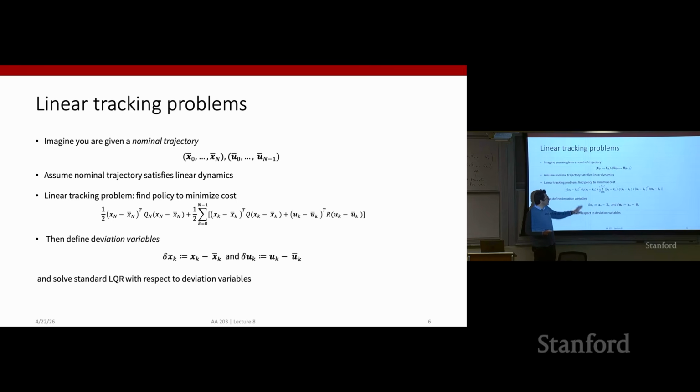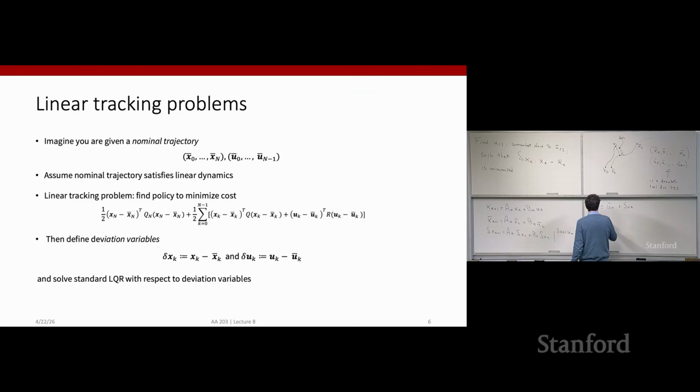And then you just solve LQR with a Riccati equation that will give you the optimal delta u_k as L_k times delta x_k. And then you have found your desired sequence of controls to track your trajectory.